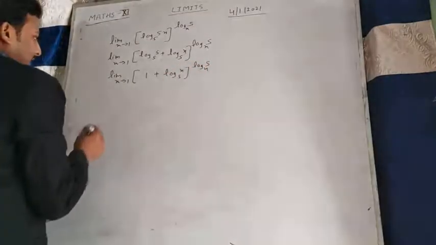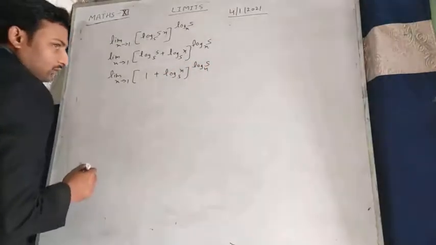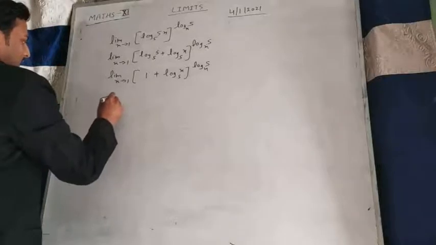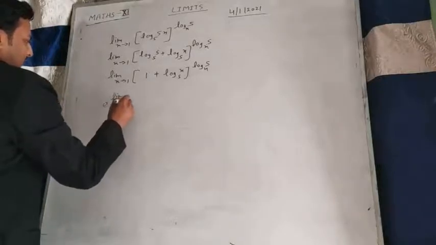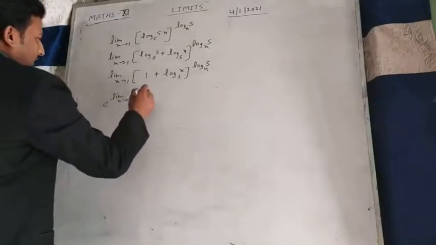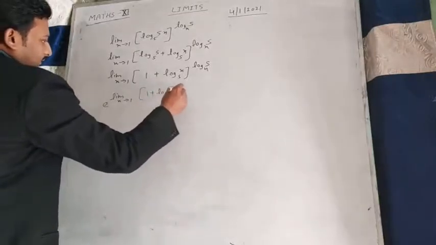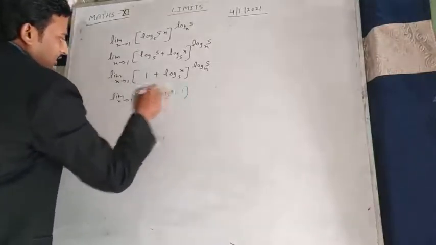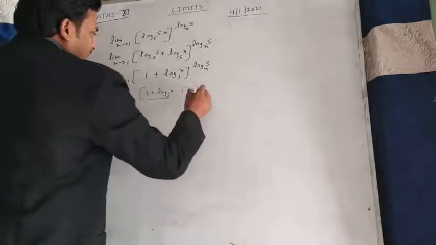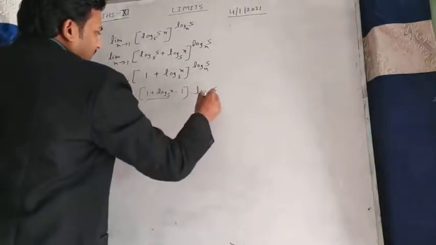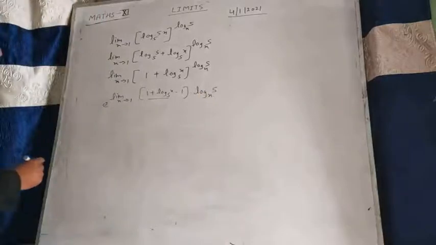We know that this is of the form 1 to the power infinity. So we can write e to the power limit x tends to 1 of fx minus 1 into gx, that is 1 plus log x base 5 minus 1, into gx, and our gx is log 5 base x.